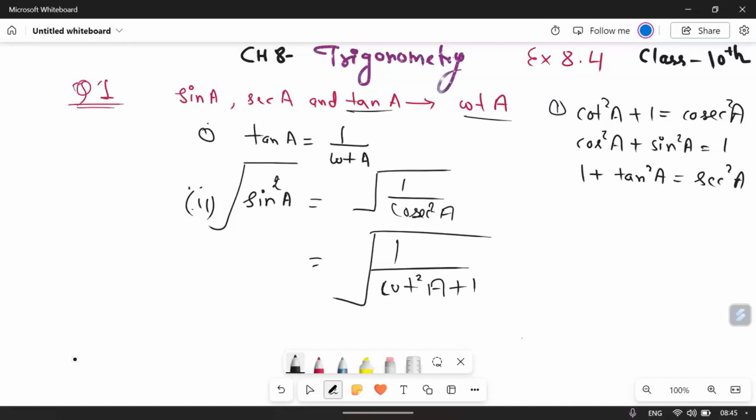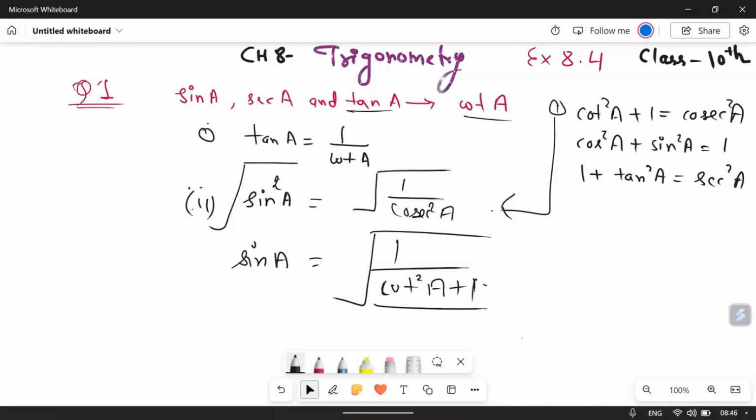Okay. Now we can say that sin A can be written as 1 upon under root cot A square plus 1. So this is your second point. Okay. It's clear, I hope, in your mind. What we have done, we have used the first identity, or we have used this identity here. So we just substituted a value of cosec square A in terms of cot A square plus 1. Okay.